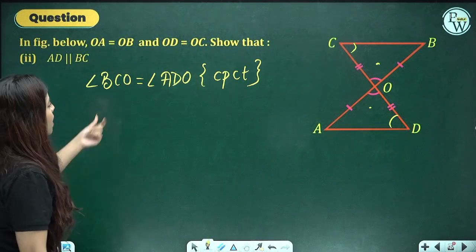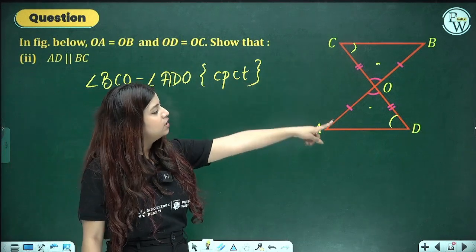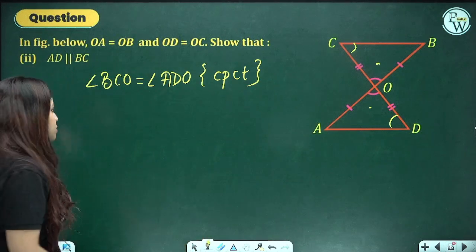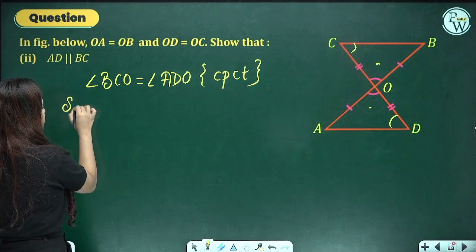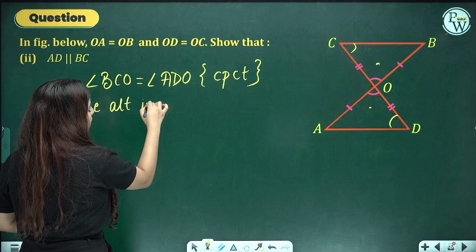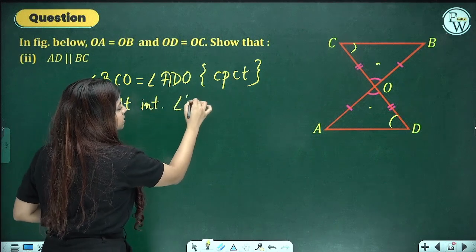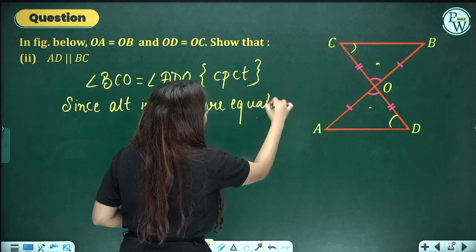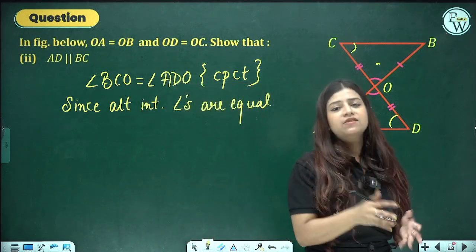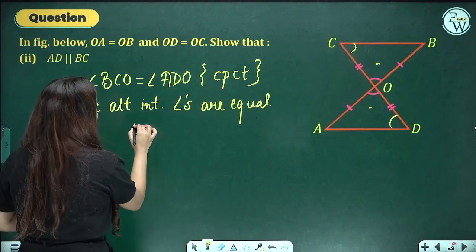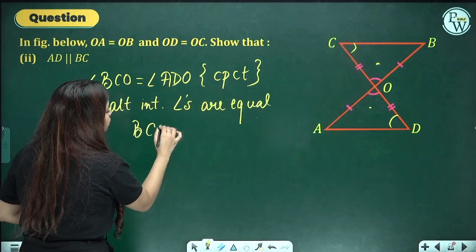Now, BCO and ADO are forming alternate interior angles. So since alternate interior angles are equal, we can simply say that AD is parallel to BC.